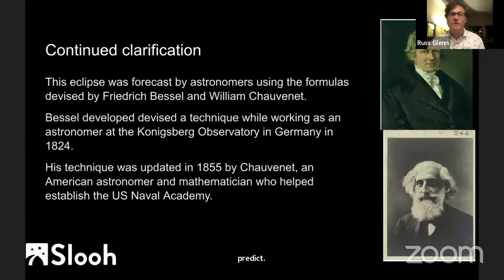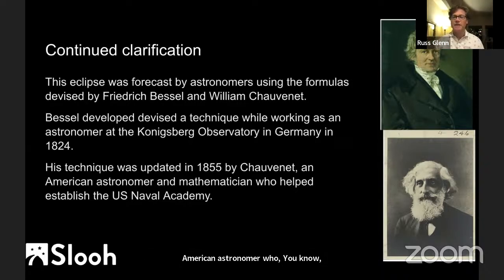Continued clarification came from a couple of astronomers. Friedrich Bessel, a German working at the Königsberg Observatory, devised a technique in 1824, and then that technique was updated about 30 years later by an American astronomer, during that time when people kind of did everything.